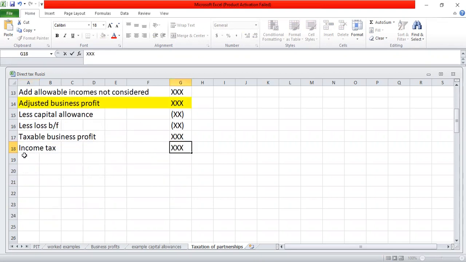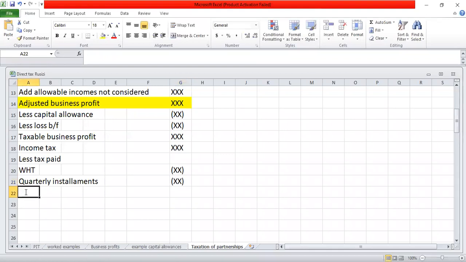Then on the income tax, we less tax already paid. You may have a withholding tax, and you can have quarterly installments. Then you are going to get tax payable.